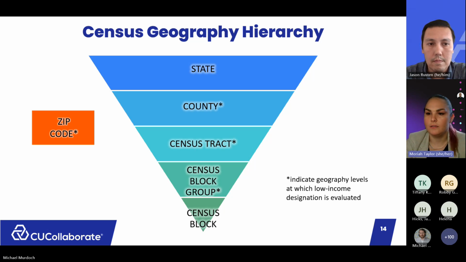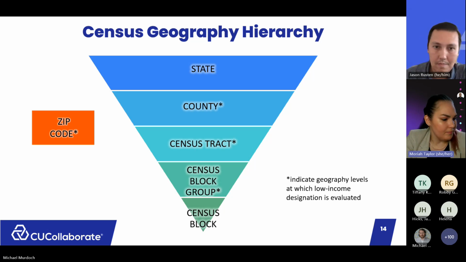The geographies listed with an asterisk are geography levels at which low-income designation is evaluated. As you can see to the left, there is a little box for zip codes. We'll get into that in a little bit. But zip codes do not fit into the census geography hierarchy because they are determined by postal routes by the USPS, and the census geographies are drawn by the census.